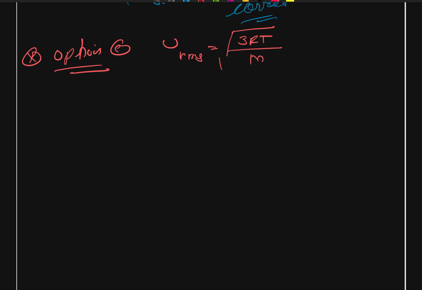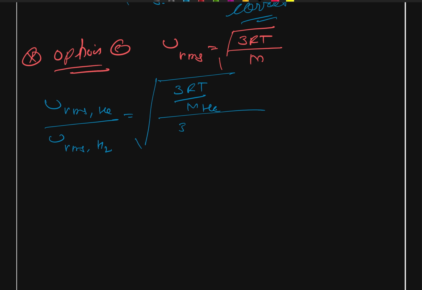V RMS for helium divided by V RMS for hydrogen will be equal to the square root of 3 RT over the molar mass of helium, divided by 3 RT over the molar mass of hydrogen, which can be written as, because 3 RT cancels out, the molar mass of hydrogen divided by the molar mass of helium.